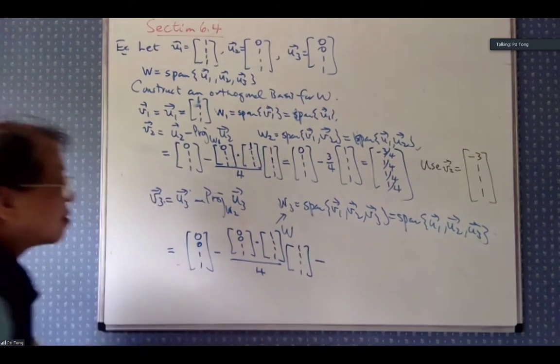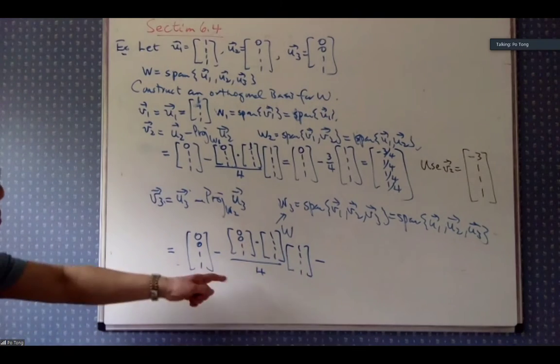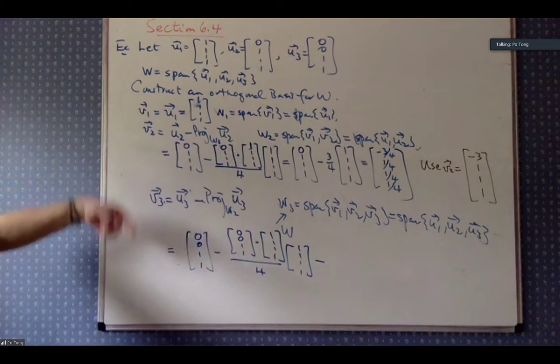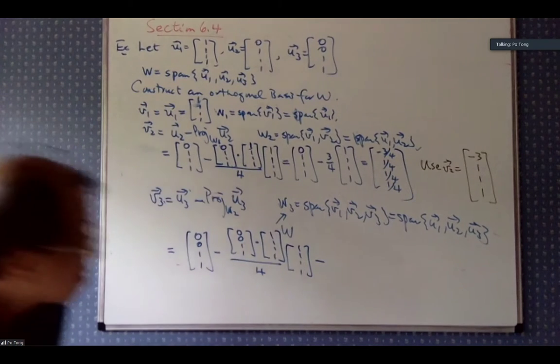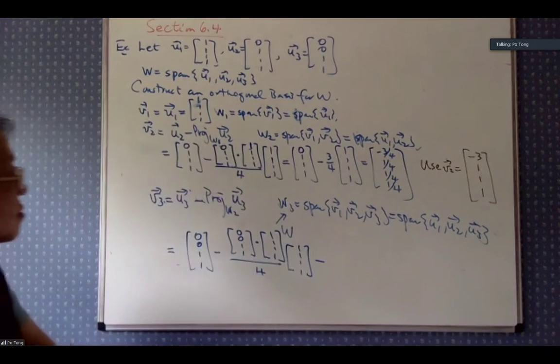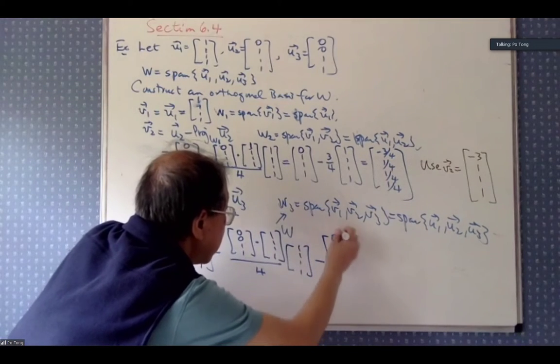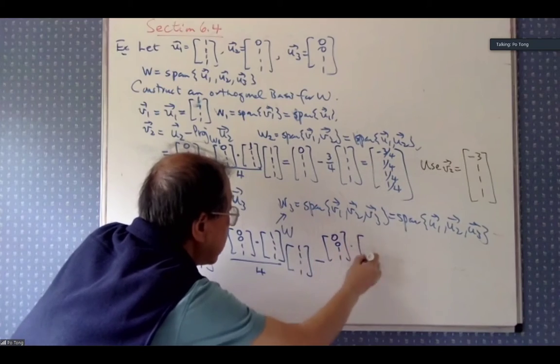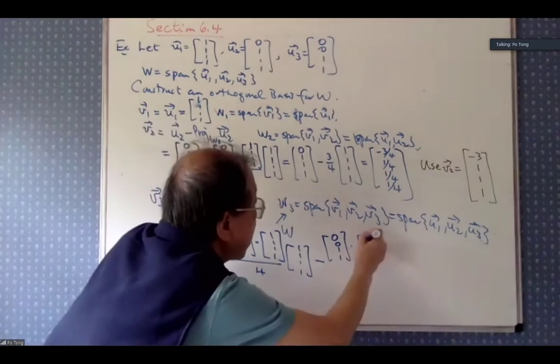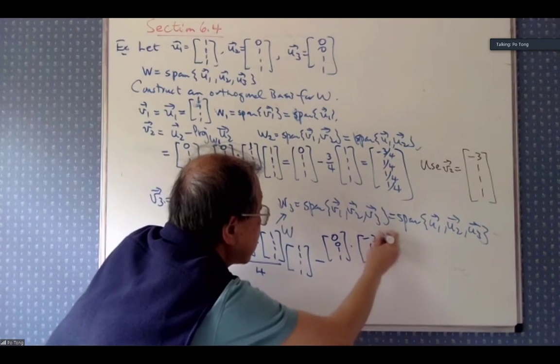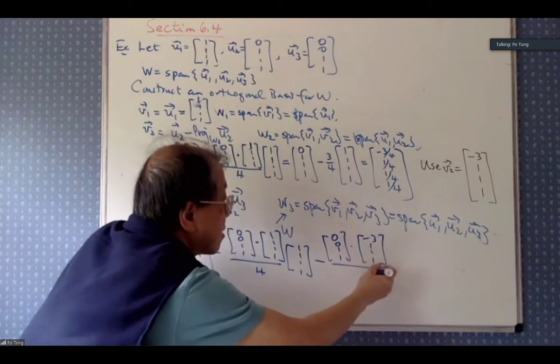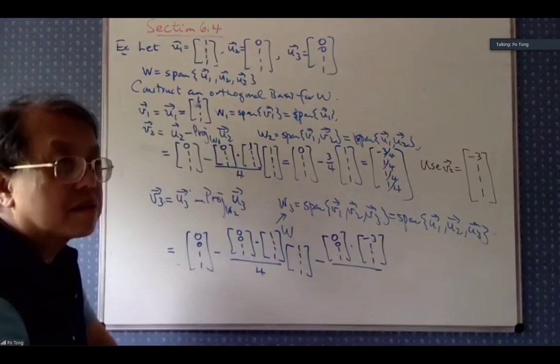And then subtract. Now this works because V1 and V2 are already orthogonal. Okay? Please subtract this guy dot the second one, over minus 3, 1, 1, 1. The magnitude of this one squared is 9 plus 10, 11, 12.